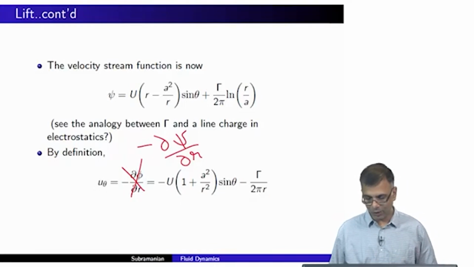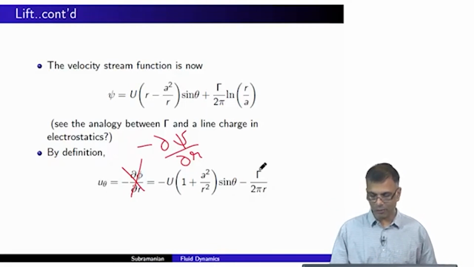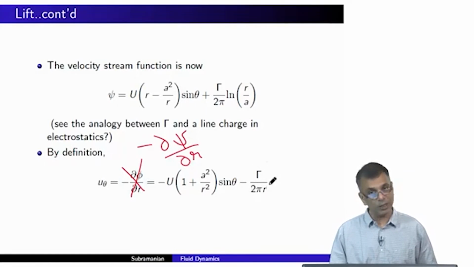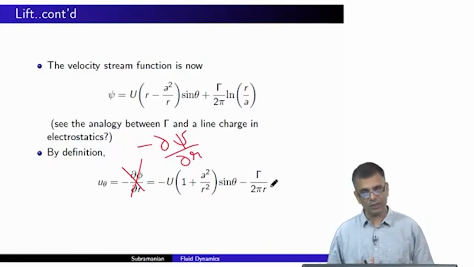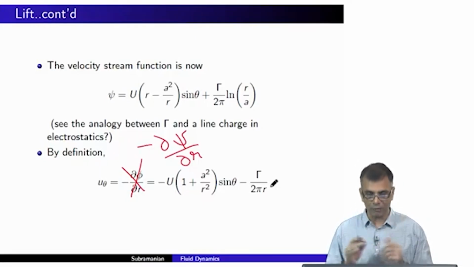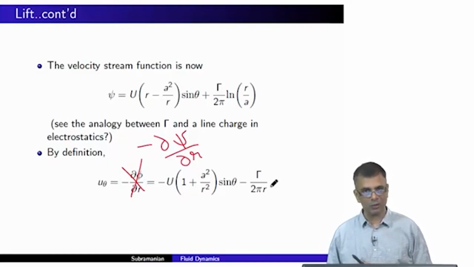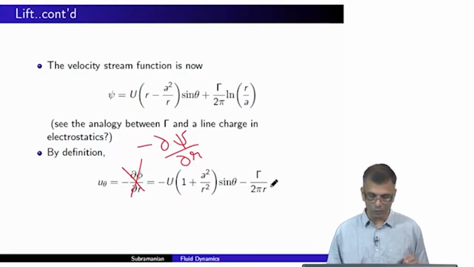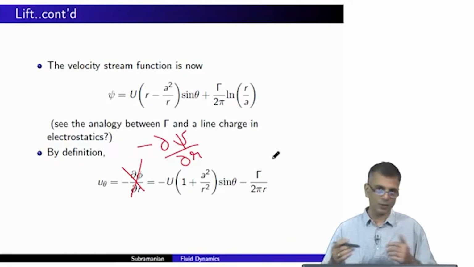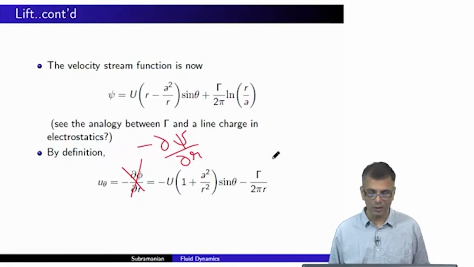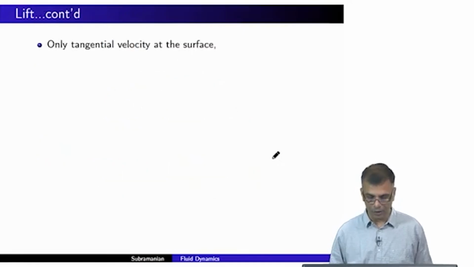Remember, there's this funny term, gamma over 2 pi r. There's a funny behavior when r tends to 0, but as we emphasized earlier, we are only talking about the exterior solution, the solution exterior to the sphere, so r equals 0 is of no consequence for us. We do not need to worry about the pathological behavior of this piece when r tends to 0. That represents the interior solution, and we don't have to worry about what it is.